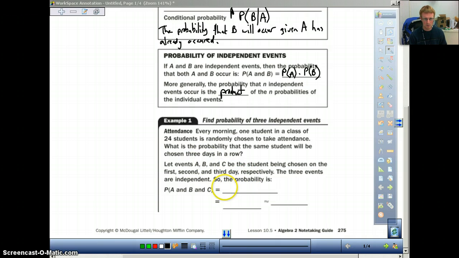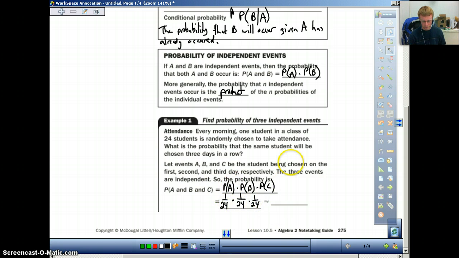It will be P of A times P of B times P of C. What that ends up being is 1 over 24. That's the probability that the one student gets chosen. And then the same student is 1 over 24 again, and then the same student is 1 over 24 again.